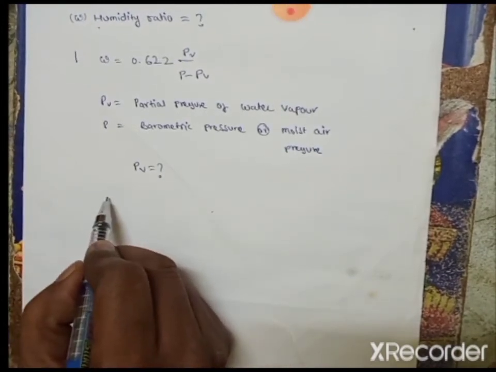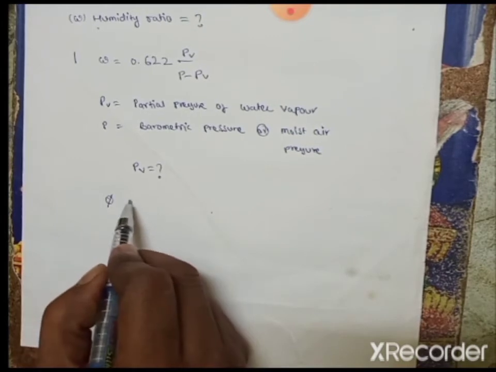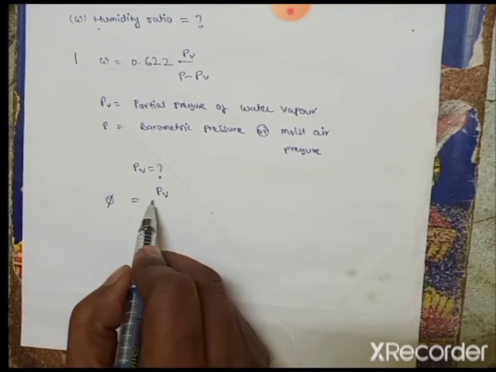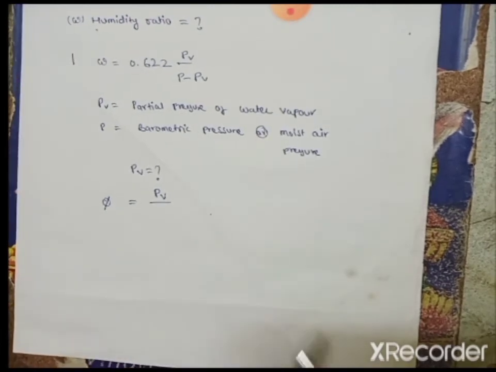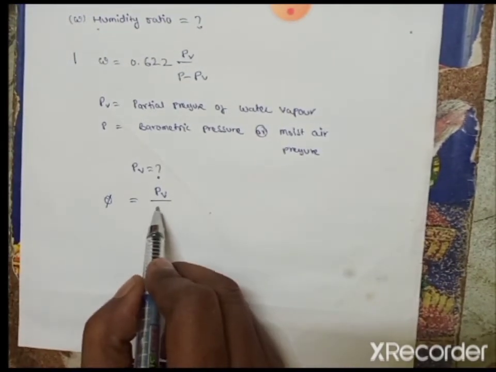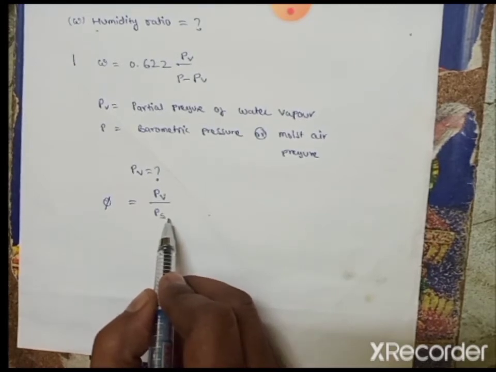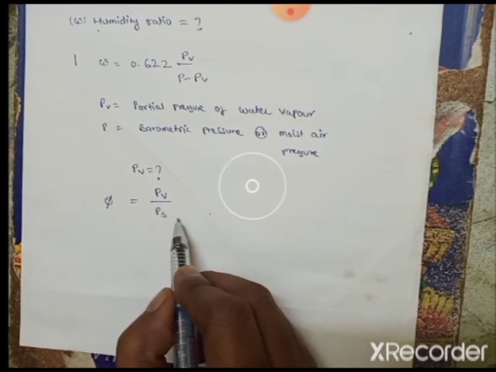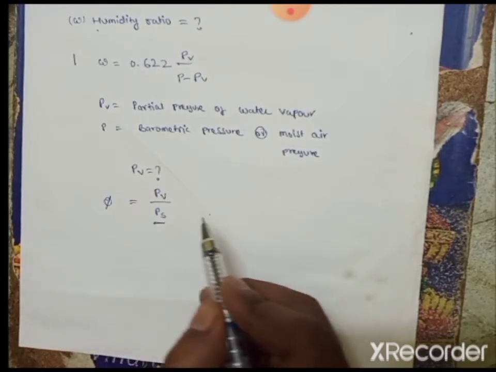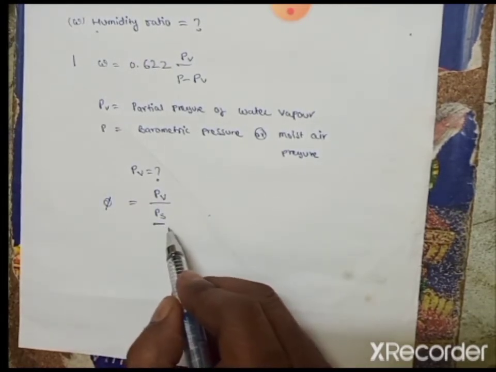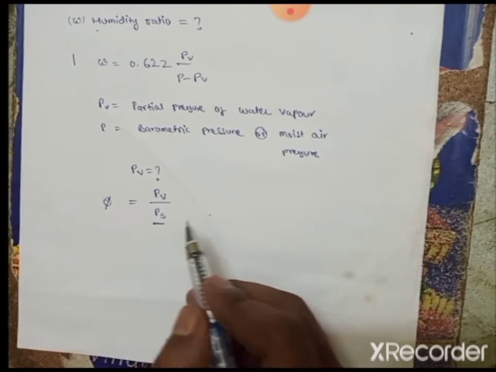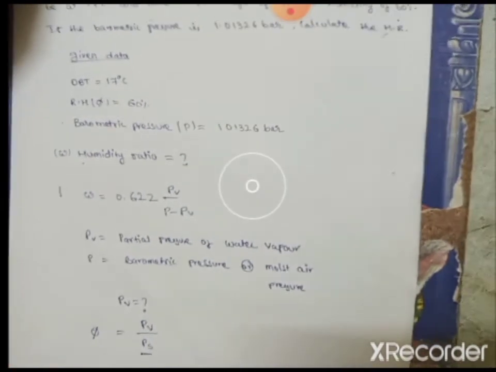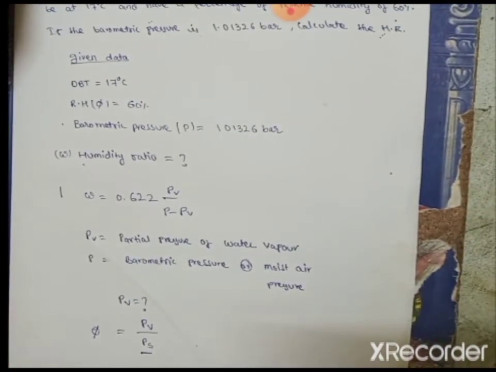From relative humidity, phi is equal to the partial pressure of water vapor to the partial pressure of saturated water vapor at saturated conditions. This partial pressure at saturated condition corresponds to the pressure at the dry bulb temperature.